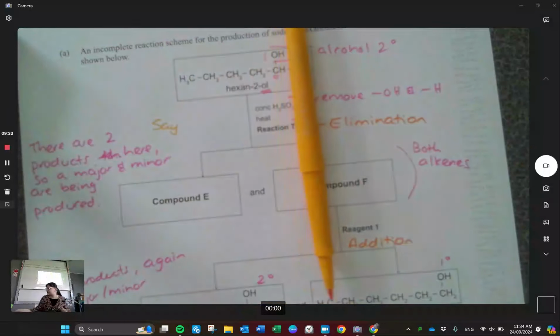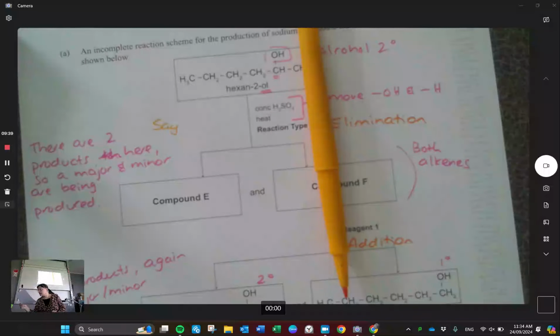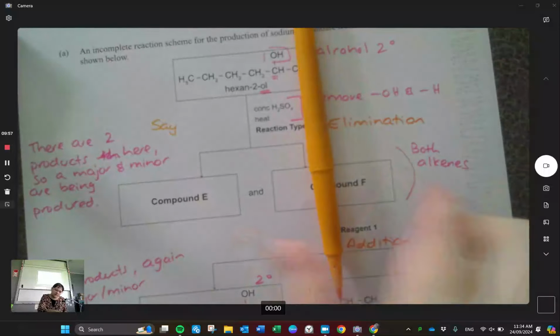I never can spell Zaitsev's right. Did I have it written here? Maybe. Did I put it down here? I just want to see if I wrote down Zaitsev's rule somewhere so I don't have to look it up. I never can seem to spell it right. Zaitsev's. And I think I can get Markovnikov. Let's see if I can spell Markovnikov correctly.